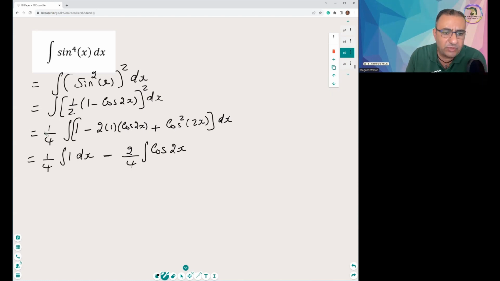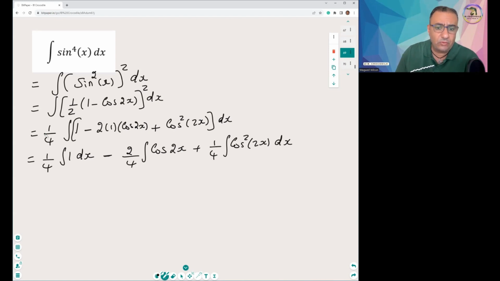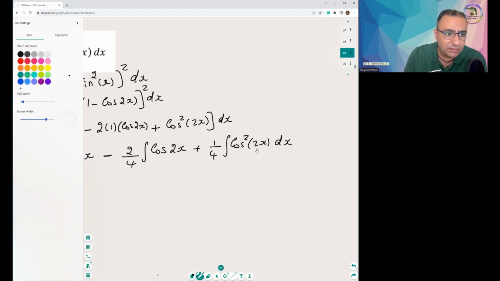Integration of cosine 2x, we know how to do that. And then plus 1/4 again, because it is multiplied out anyway. Now the integration of cosine squared of 2x dx. So now we need to deal with cosine squared 2x dx, and let's see how we can approach this.